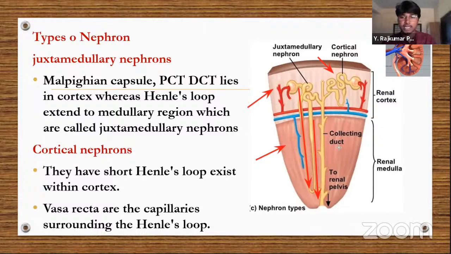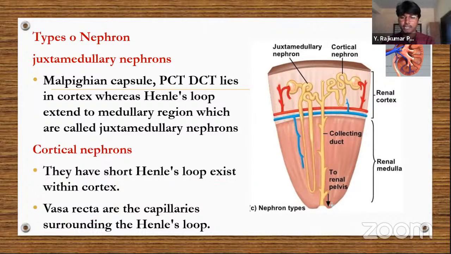They are not extending to the medulla region, hence they are called cortical nephrons. You can see here they have a short Henle's loop, and the vasa recta capillaries surround the Henle's loop. So these are the types of nephrons that exist in the body.